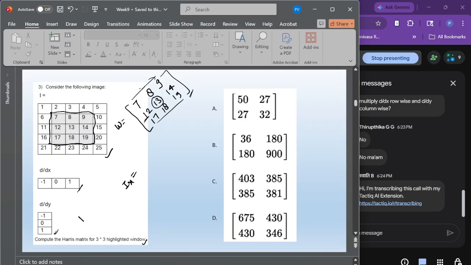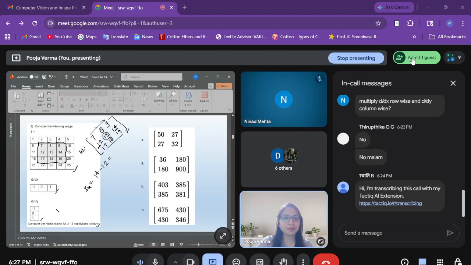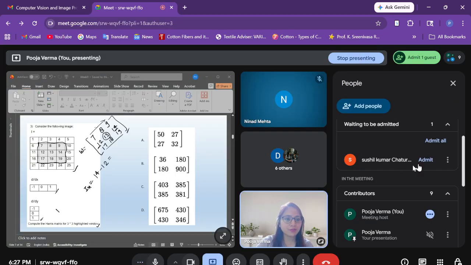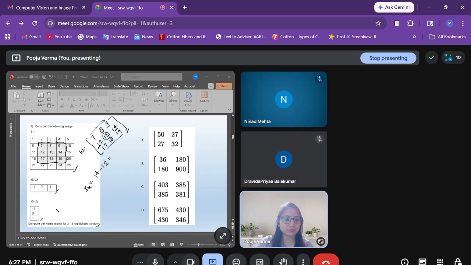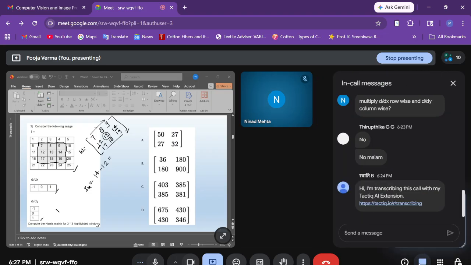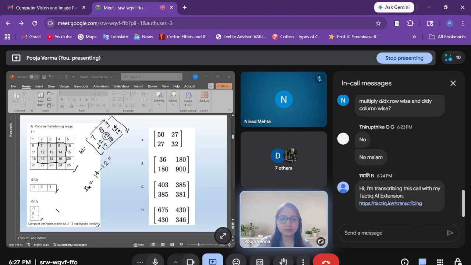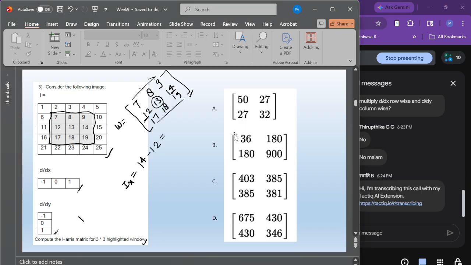That means 14 minus 12. So to calculate for the center pixel, we take the next column value minus the previous one, and we get 2 here.